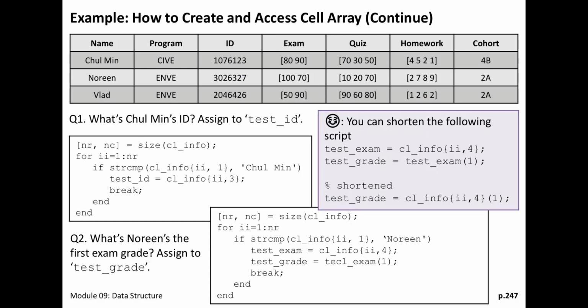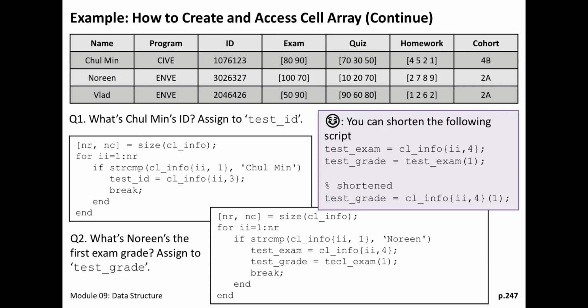In this case, we know that the Chalmers information is in the first row, but we assume that the only information that we have is the Chalmers name, right? We need to read the ID through this Chalmers name information.